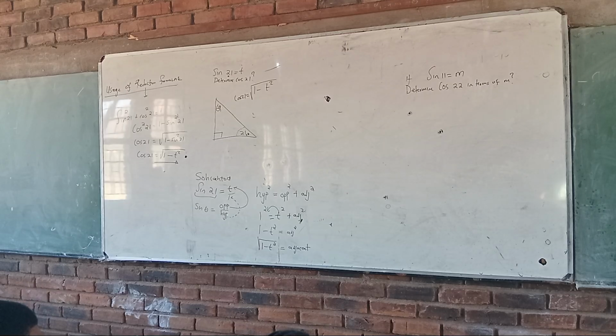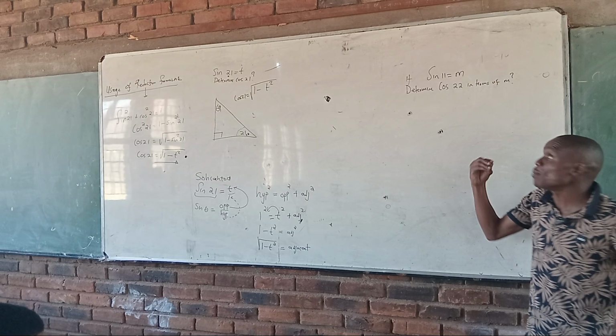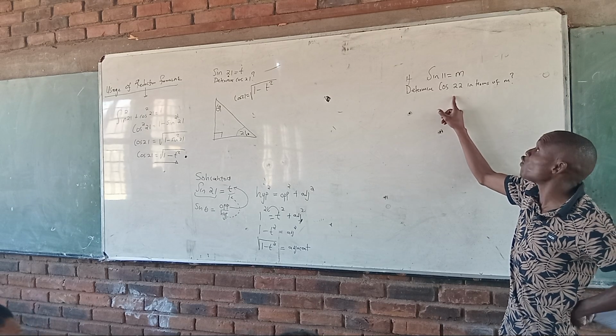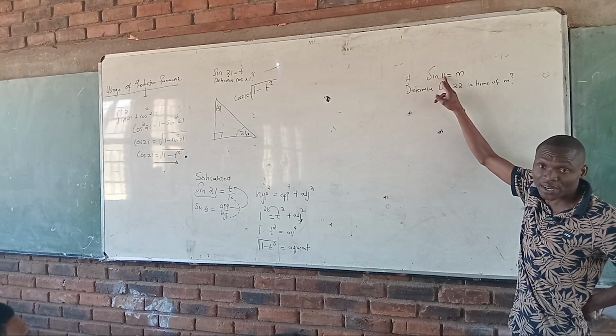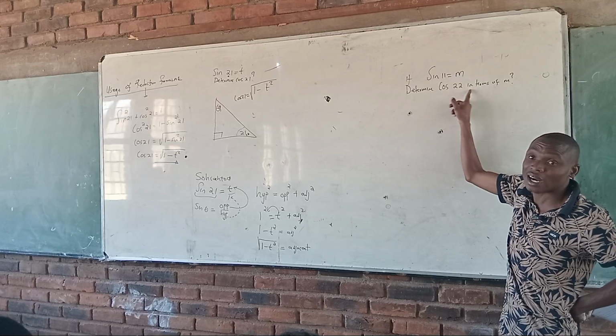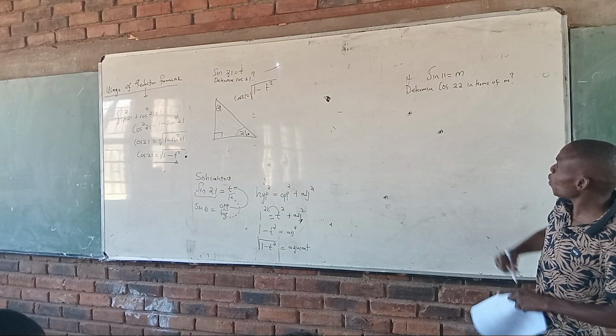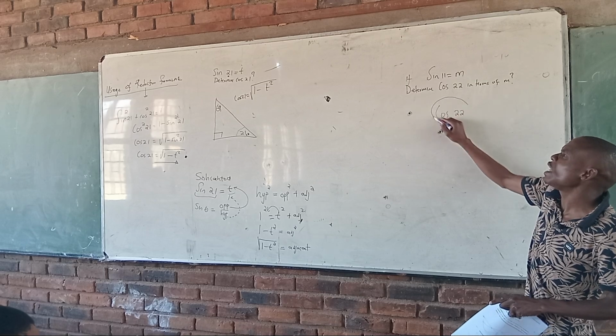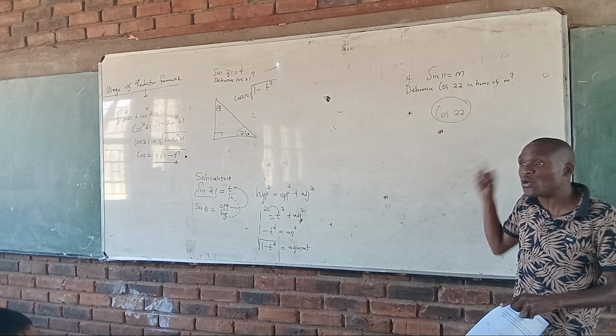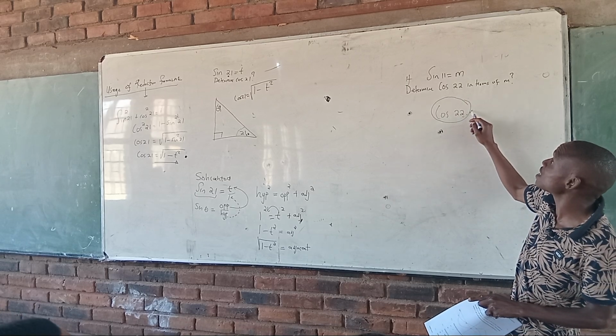If sine 11 is m, what can we say about cos 22? And you still remember I said, try by all means to involve the angle which has been provided. I get about sine 11. And when you have cos 22, manipulate in such a way that you are using this guy here.